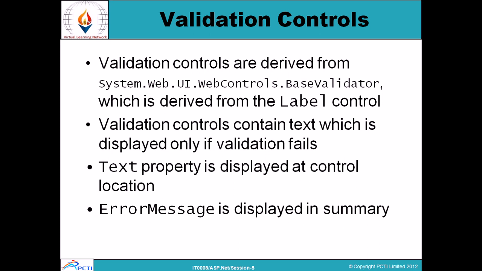A validation control contains text which is displayed only if validation fails. The Text property is displayed at the control location. The error message is displayed in the summary. When we use validation controls, sometimes we have to display error messages. So the error message is displayed in the summary.